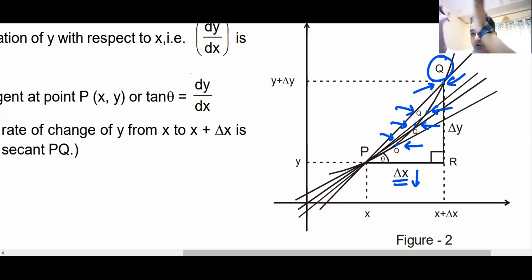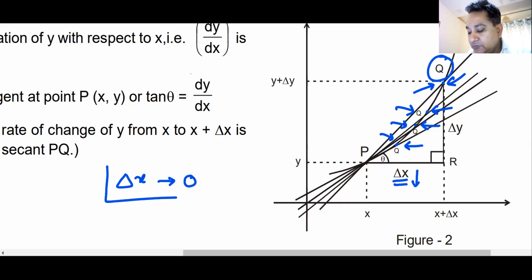Point Q comes very close to point P. If I take it so small, we write it like this, delta x arrow 0. Now this delta x arrow 0 in maths means delta x tending towards 0.